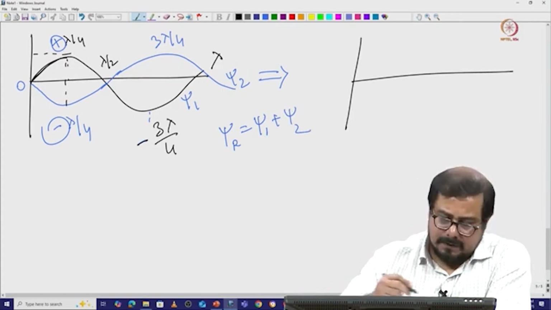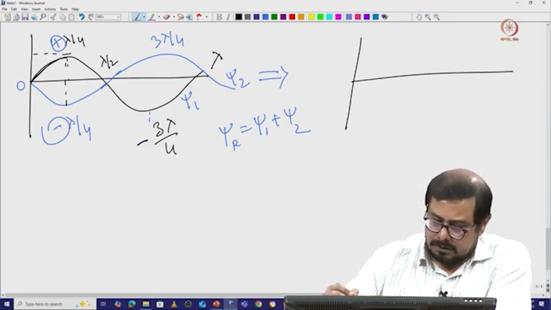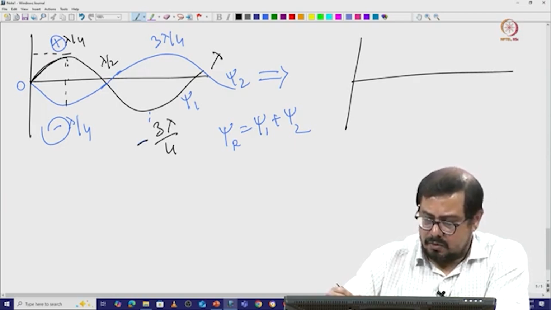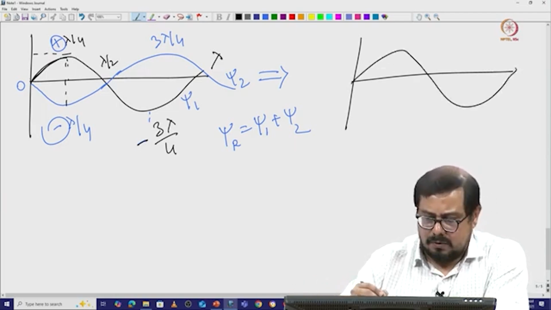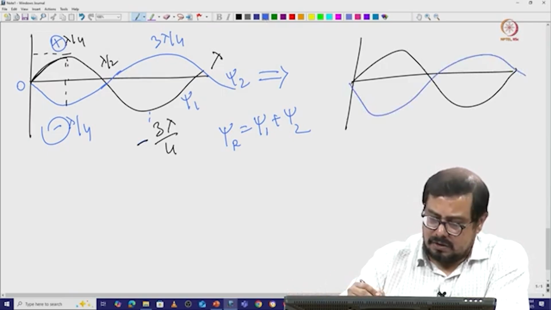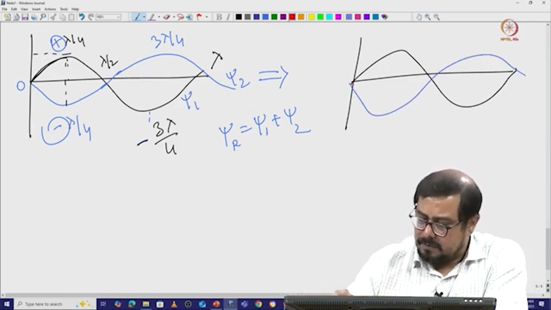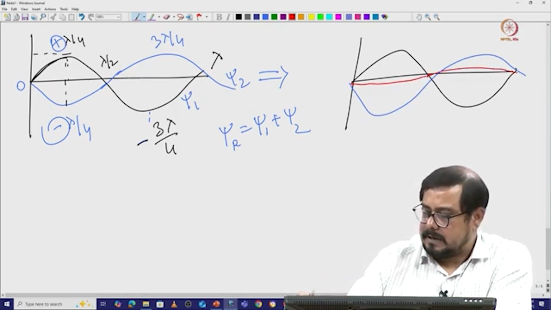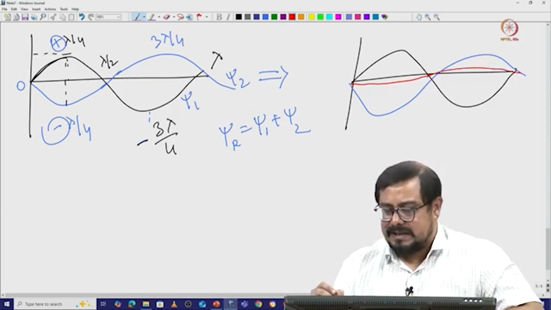We have these two waves. It will be better to draw this entire thing one more time, then it will be easier. Now the resultant wave will come like that. So, what is changing here?